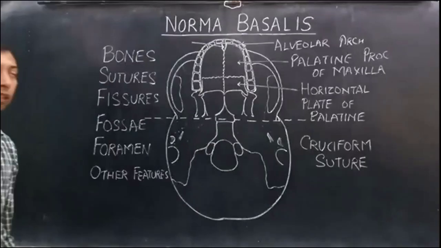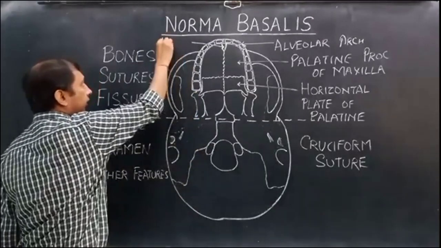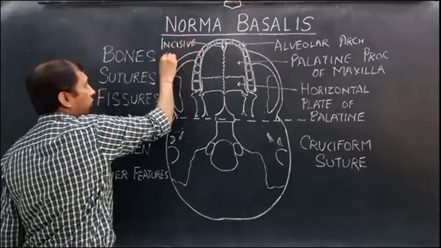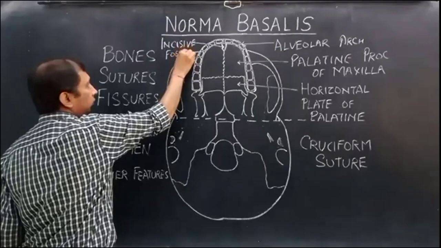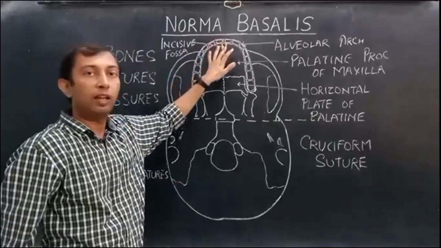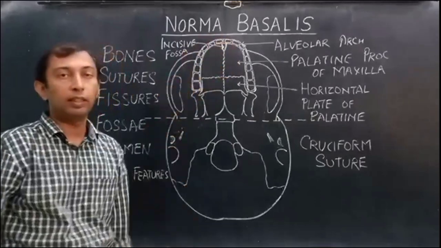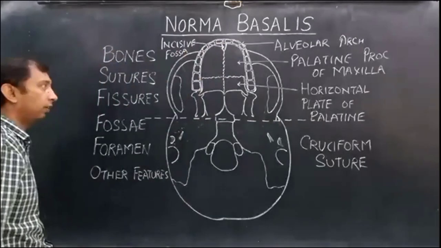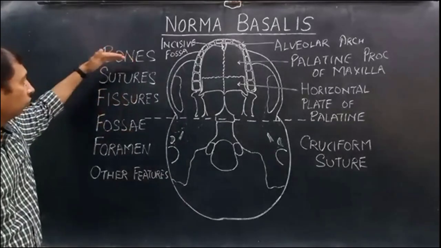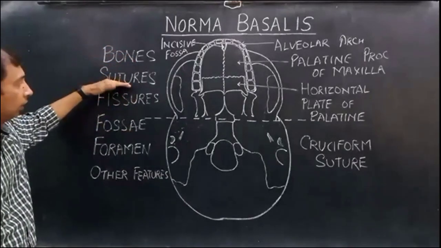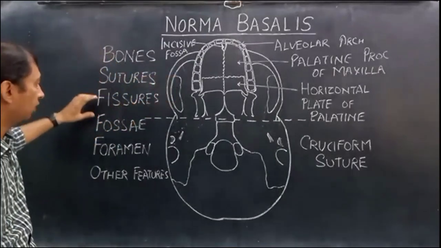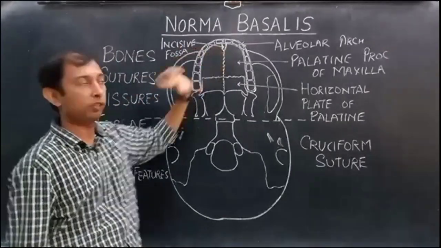So this fossa, therefore, is known as the incisive fossa, because this is a depression just related to the incisors. Now we have talked about the bones, we have talked about the sutures. There are not any fissures in the anterior part of the Norma Basalis. We have talked about the incisive fossa.